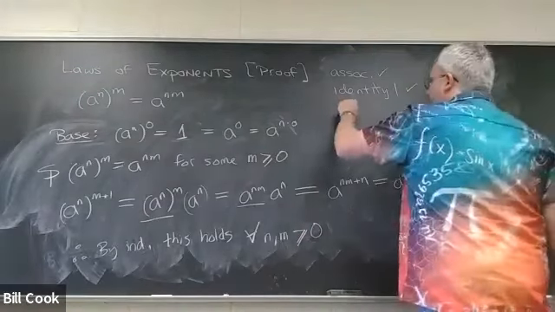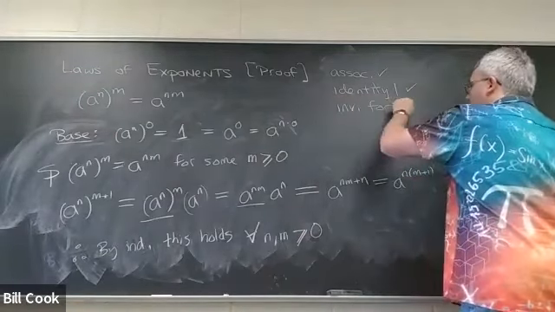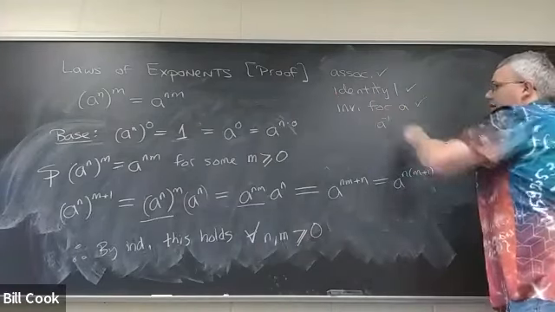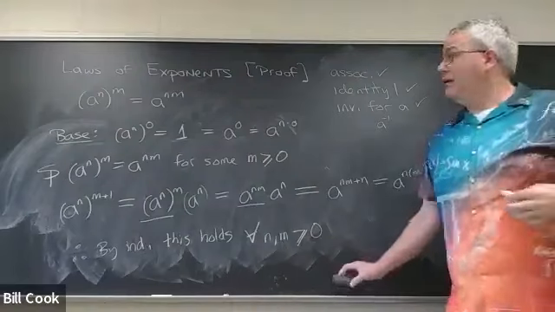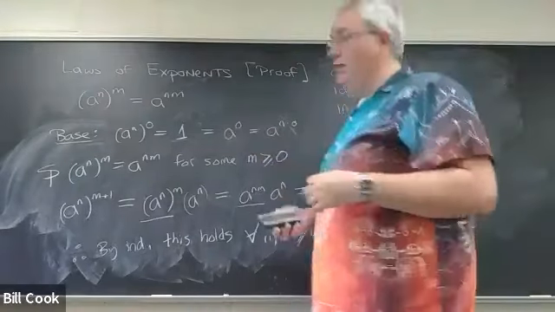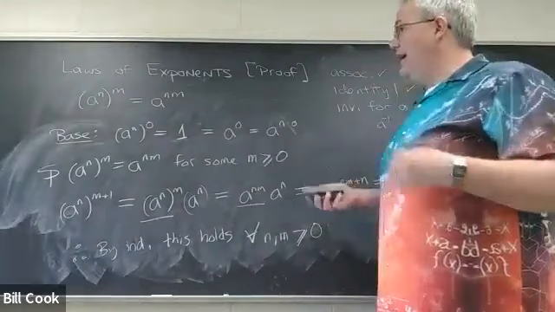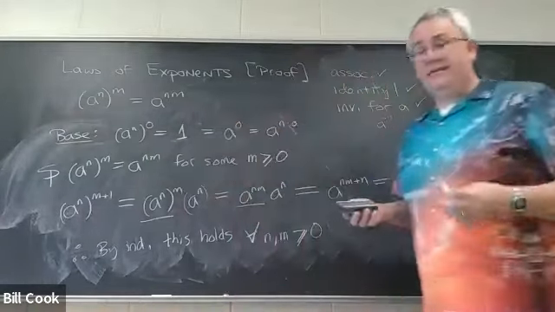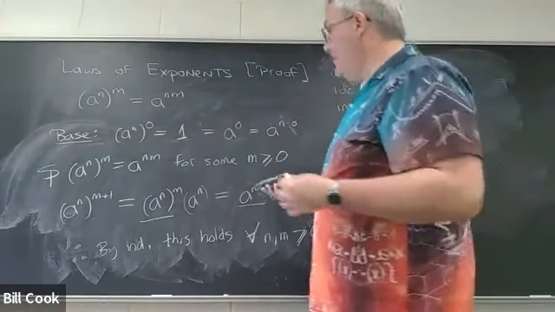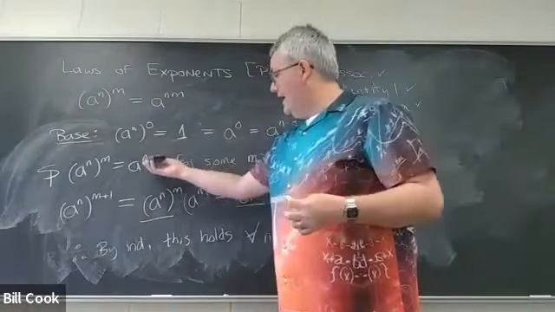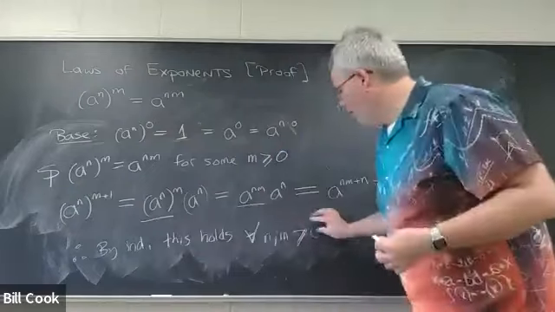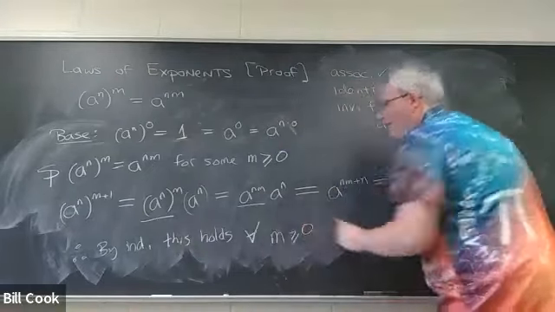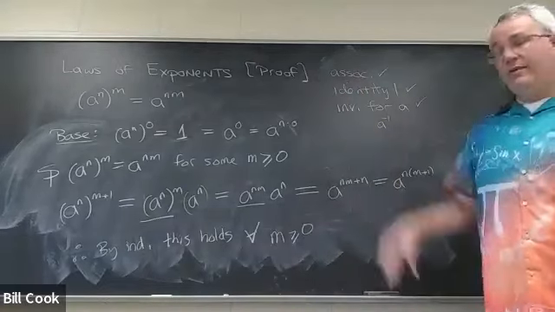What if we have an inverse for a? Now let's assume that we have an inverse for it called a inverse. All right. Well, now I want to show that this holds for all integers n and m. Well, I have my base case. And what this goes to show is that I can move up one. So we're inducting up, right?